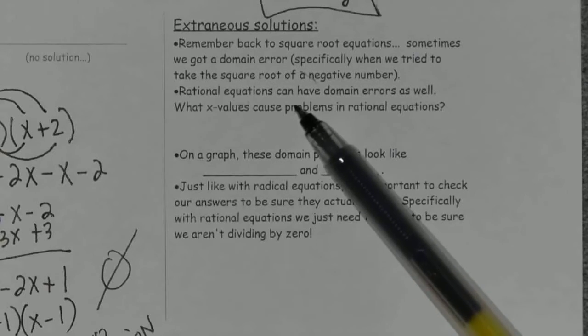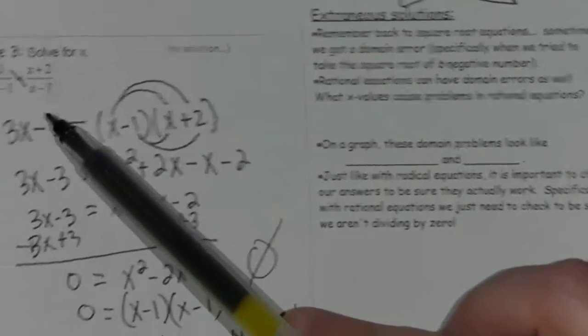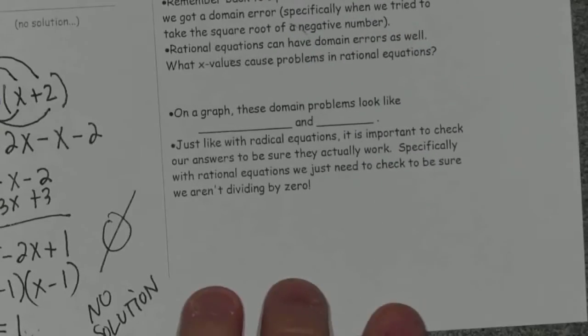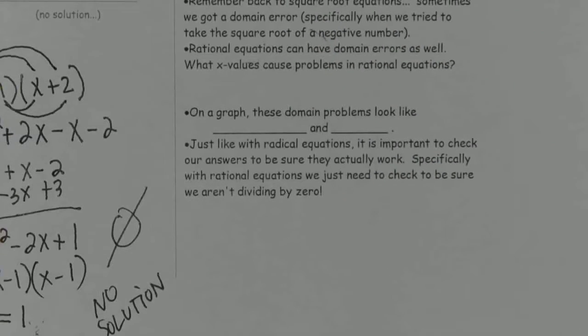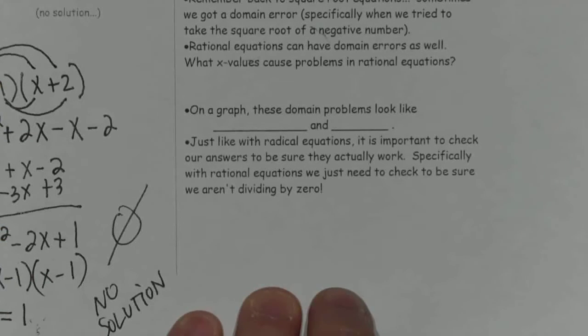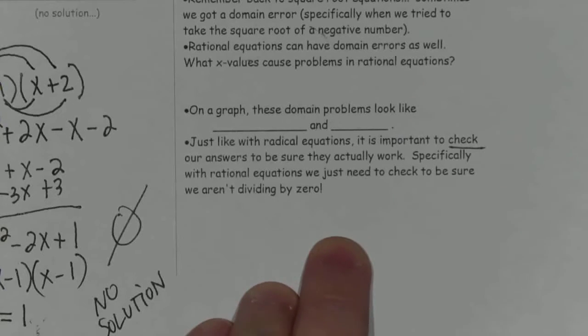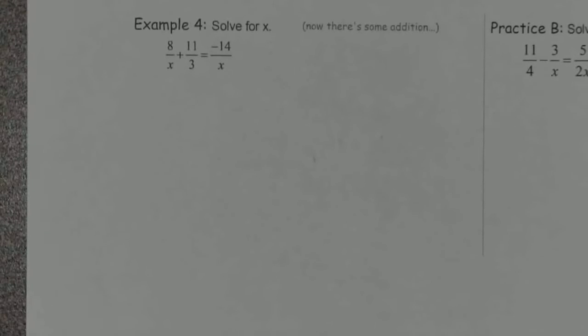Rational equations have their own domain issues because you can't have numbers on the bottom of the fractions that make the bottom of the fraction 0. So just a reminder that that happens. It's important to check your solutions to make sure that they actually work so that you're not dividing by 0.